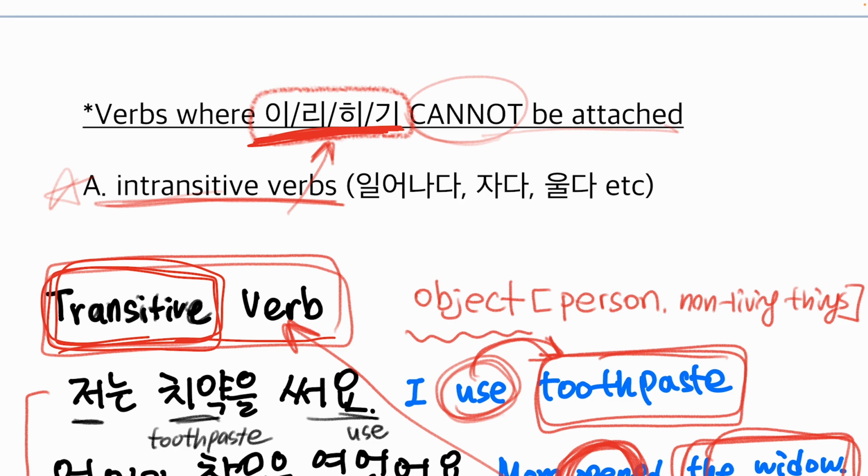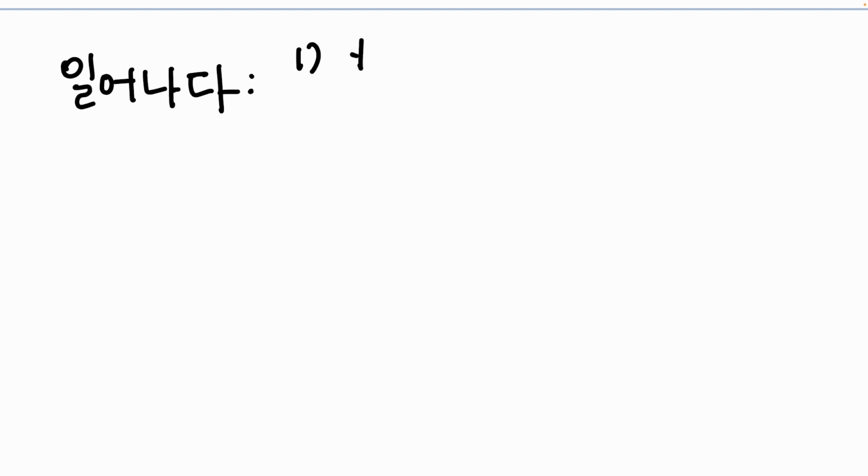And as for intransitive verbs, guys, they in and of themselves cannot be changed into a passive form. Let me give you example verbs that belong to intransitive verbs. So the first one is 일어나다, and 일어나다 has two meanings. It means to wake up, for someone to wake up, and also for something to happen.